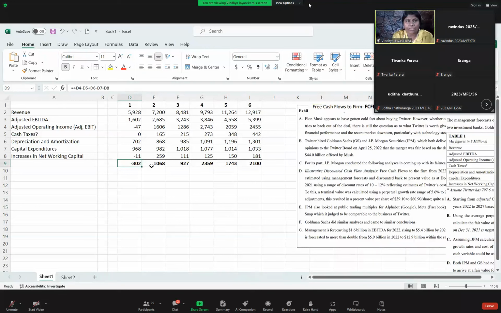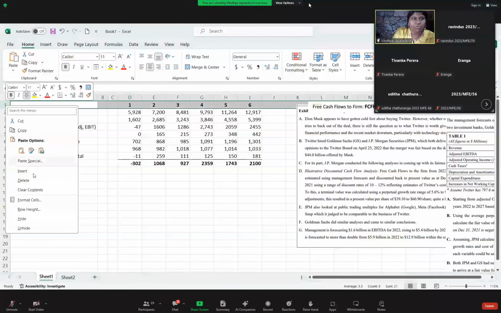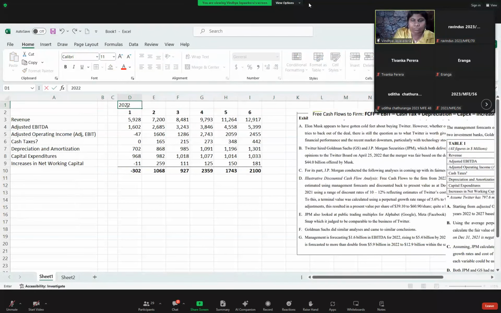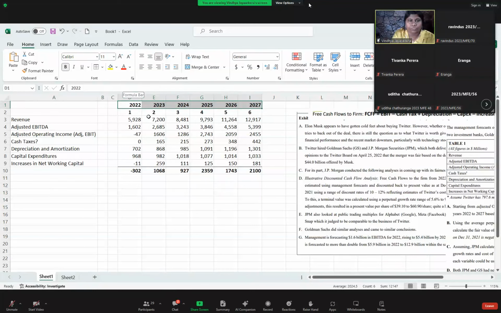So the 2022 figure is minus 302. Ivanka, there's still a discrepancy with the final figure that I have. Just check again.